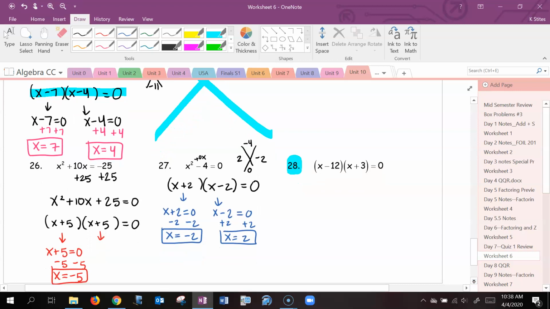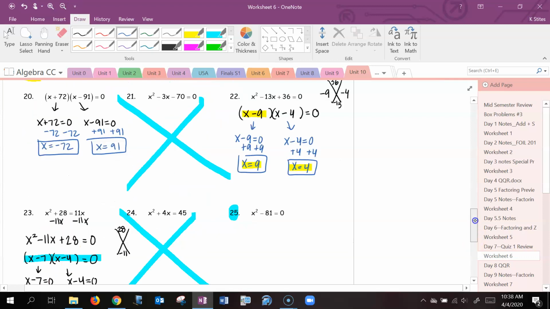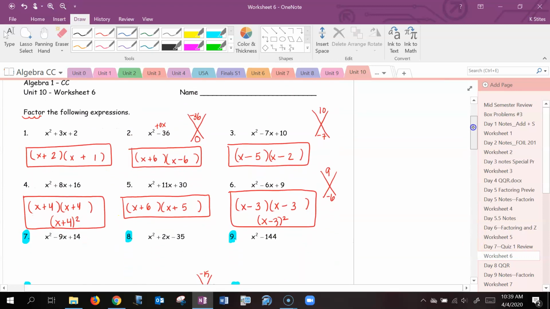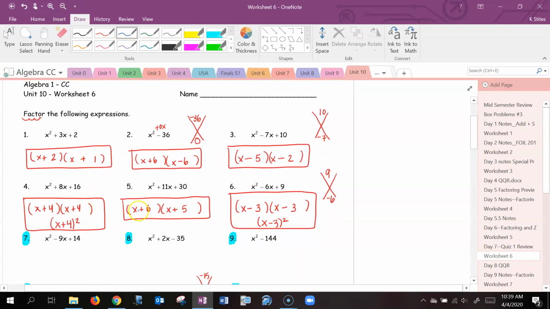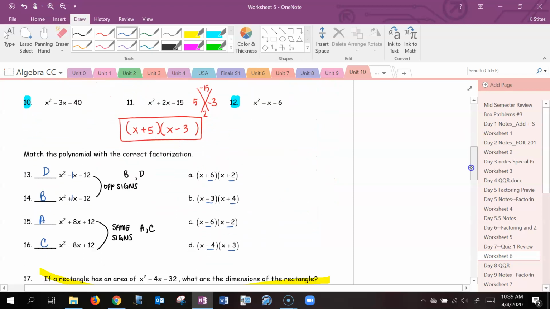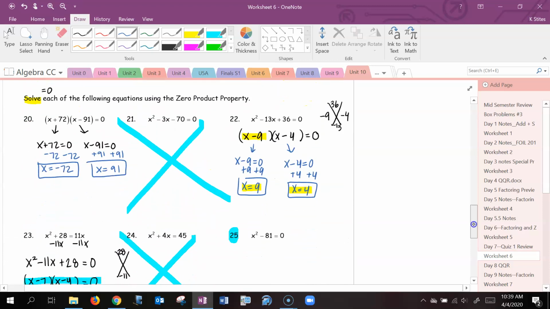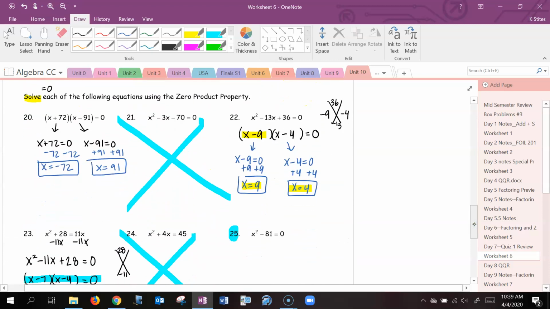So again, just to recap really quickly, when we're factoring, we're doing our box problem. You're leaving your answers in your parentheses. When you're solving, you're going to do your factoring step first, if necessary. Notice like number 20, it was already set up for you. Once you've done your factoring step, then we use what's called the zero product property, and we set each part equal to 0.